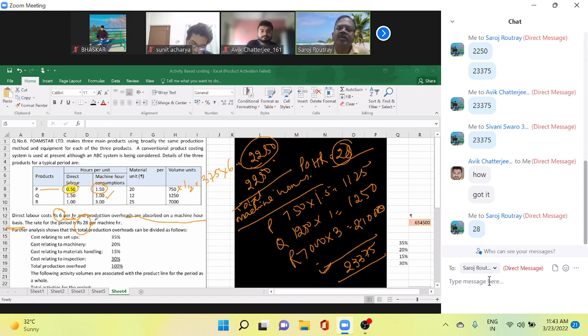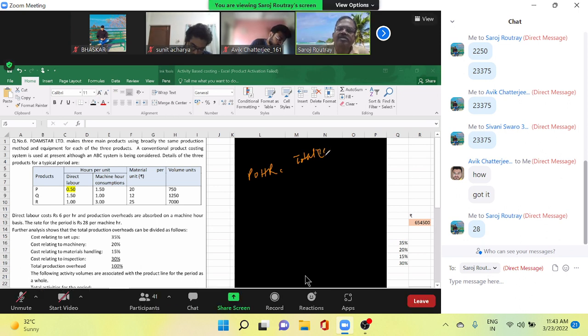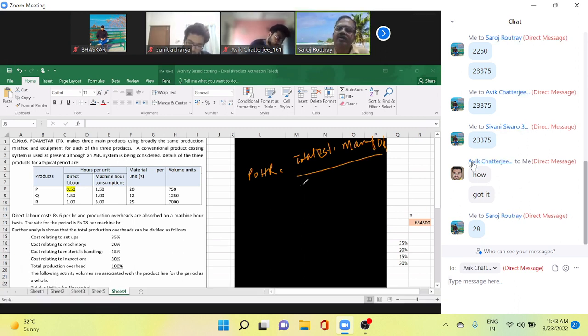What is the formula for POHR? POHR is equal to total estimated manufacturing overhead divided by total estimated basis.